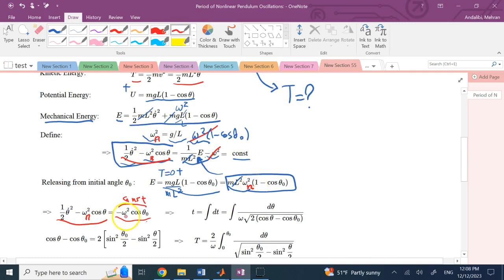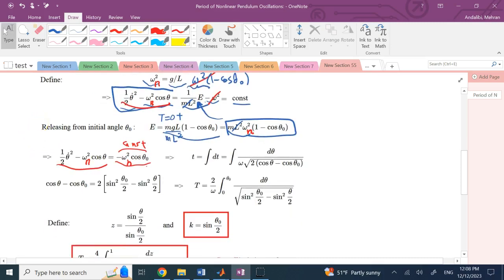It's a constant thing. Okay, so now if you look, here is a first order differential equation, but it's nonlinear. There is no solution for that. The way you take care of it is, let me add this omega n into place, you take this term to the other side. So you'll get 1/2 theta dot squared equals, both of them share omega n, so it's omega n squared times cosine of theta minus cosine of theta naught.